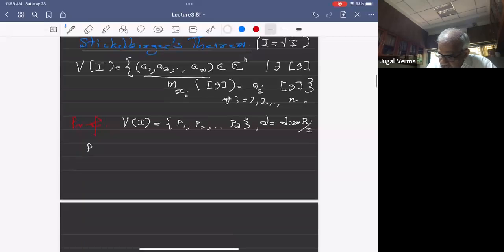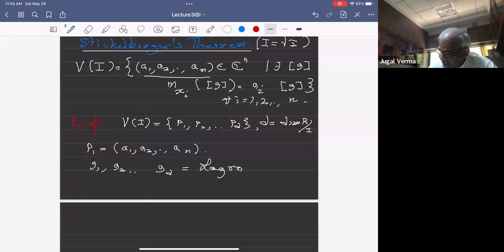So suppose that the first solution has coordinates a1, a2, ..., an. Then I know a basis of eigenvectors. g1, g2, ..., gD are the Lagrange interpolation polynomials for these points.